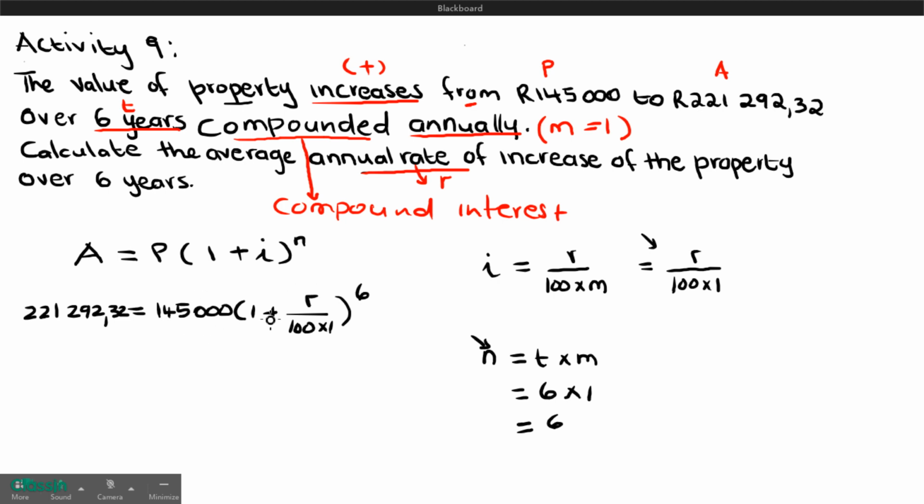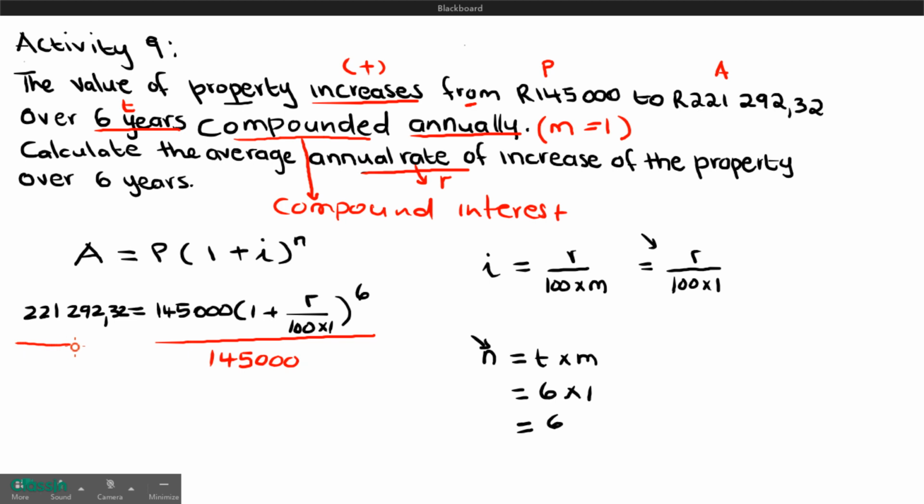I also once mentioned that once you have a situation like this, where on both sides you have the value of A and the value of P, the first thing is to make sure that you eliminate the value of P. You divide both sides by the value of P. So we're going to divide both sides by 145,000.